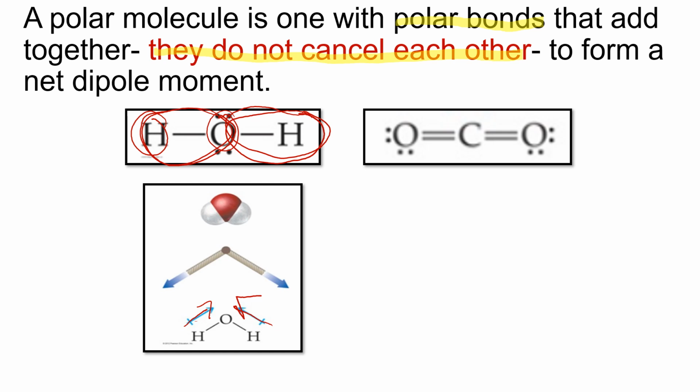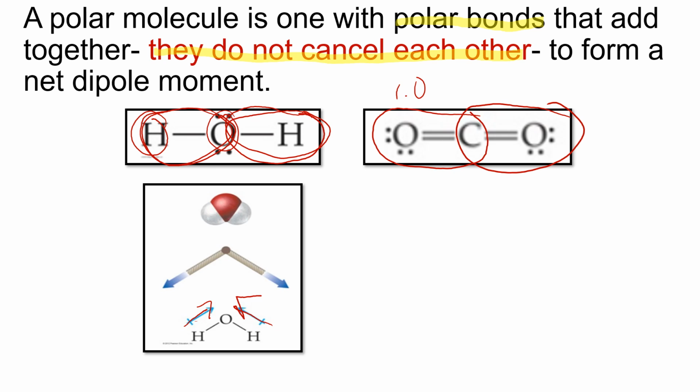But when we consider your carbon dioxide, each bond here is polar. As you can see, you have your oxygen and carbon, and it is polar because the electronegativity difference between oxygen and carbon is 1.0. So that is a polar covalent bond. However, as you can see in the structure here, the geometry of carbon dioxide is linear.